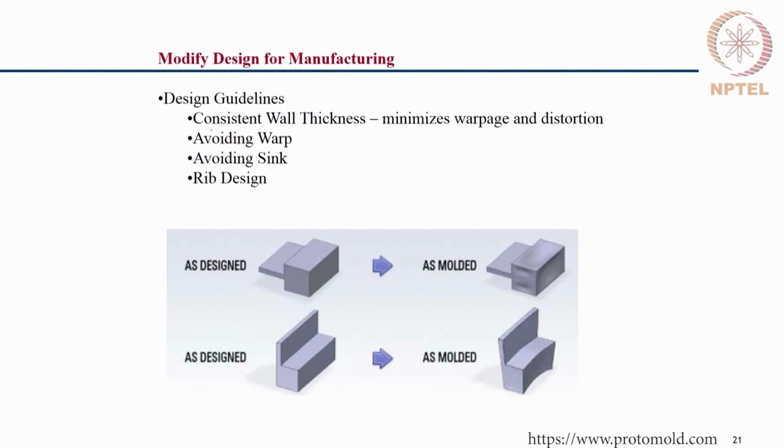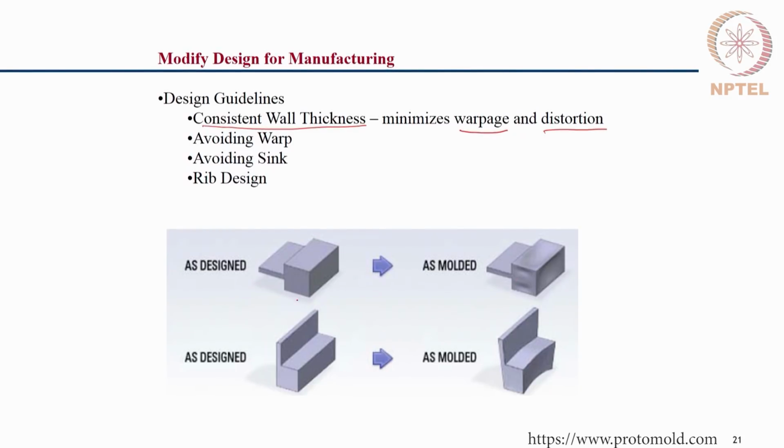When there are problems associated with changing wall thickness, the part shows warpage and distortion, as can be seen in this picture.